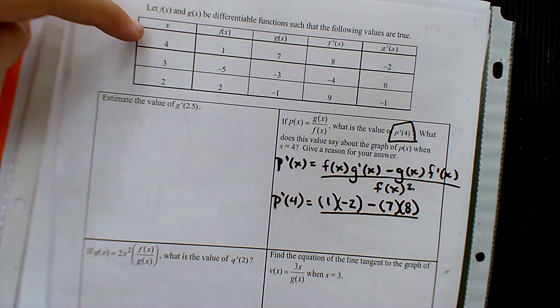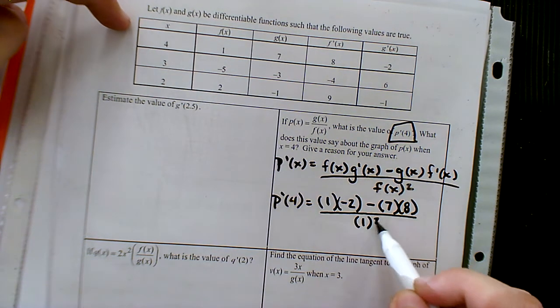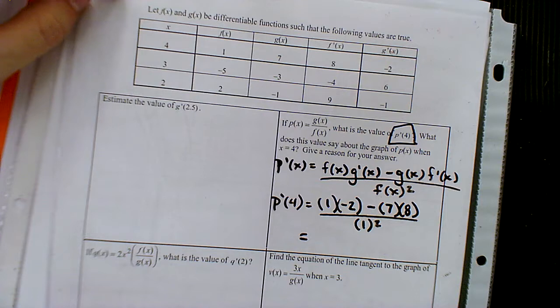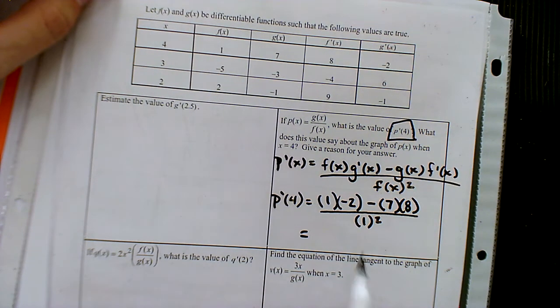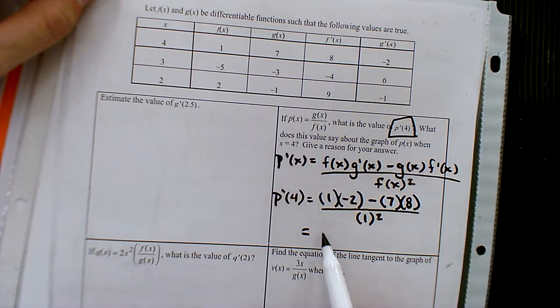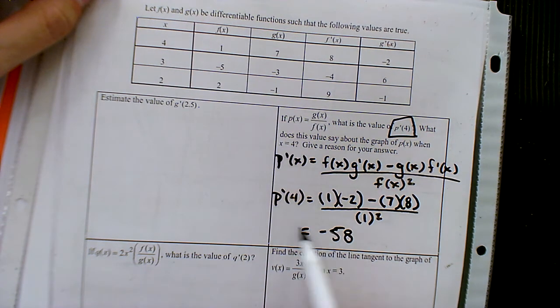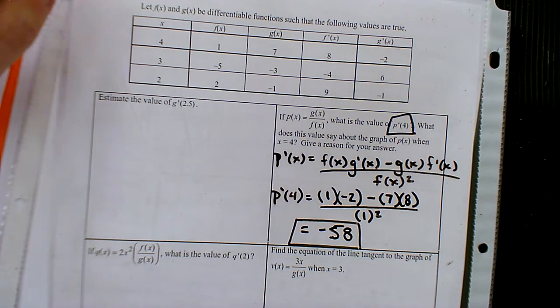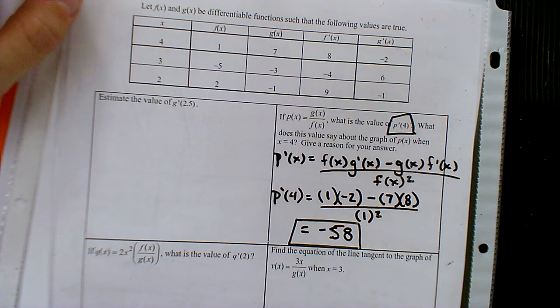Let's see, all over the bottom, f of 4 was 1, and we gotta square it. So negative 2 minus 56. Negative 58. So there's our slope value.